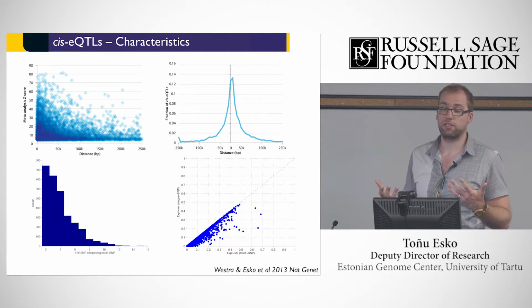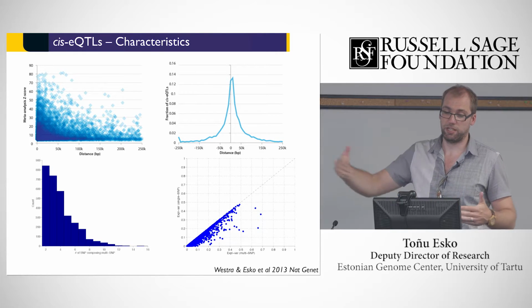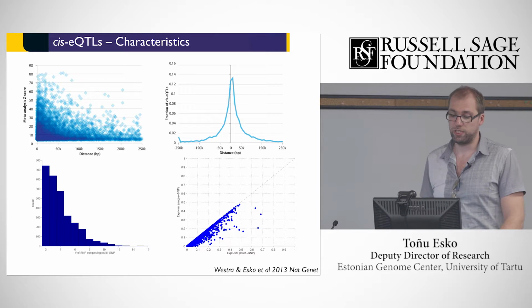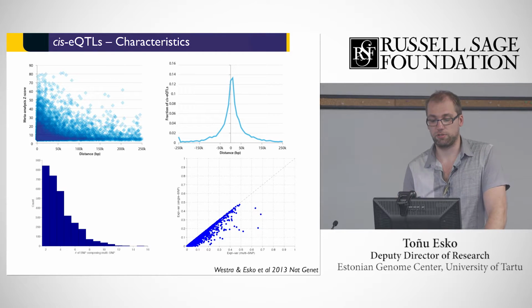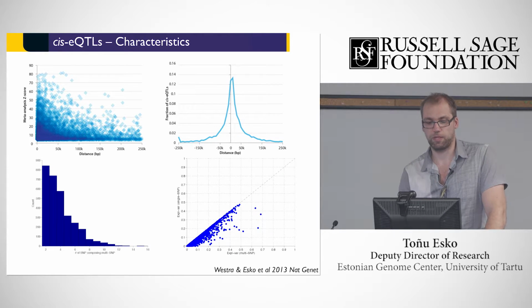But in education, it's so distant from your SNP that there are so many mechanisms in between. So for education, we find 16 independent signals for a given gene in a locus. We really need very, very large sample sizes.